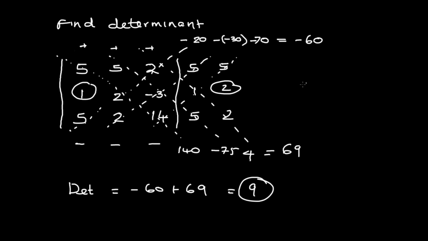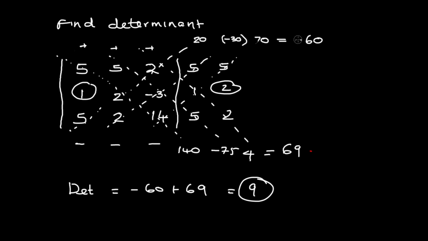Or alternatively, what you can do to simplify is to ignore all the signs, but just know that you're going to subtract whatever total you get here from this one. So here I just add whatever signs I have, I add. Then here I don't consider these signs. So meaning that here I'm going to have a positive, here I'm going to have something like that, then here I'll have 70.